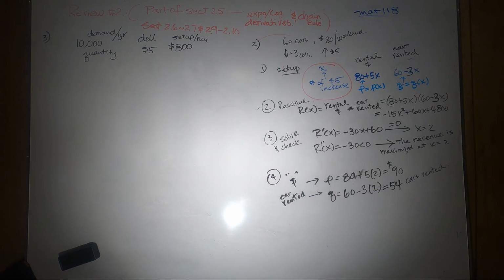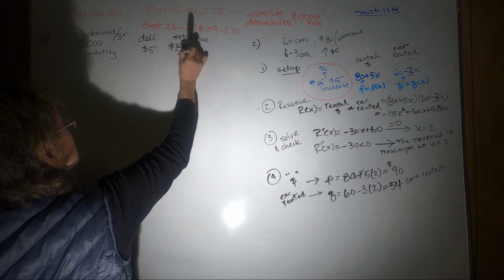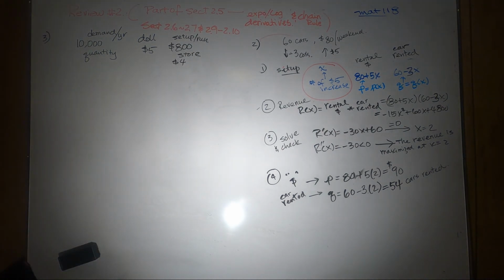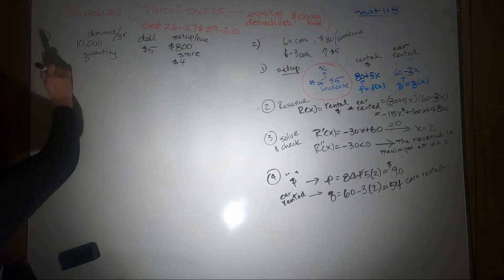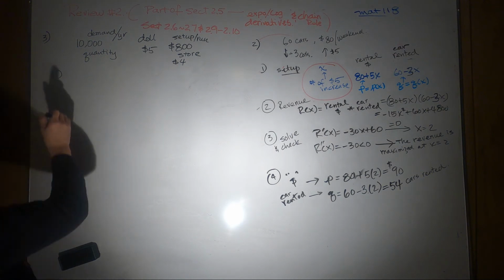And it costs $4 to store, $4 per doll, to keep it there for a year. So how many should be manufactured at a time, and how many production runs should there be to minimize costs? Right? So same thing. First, we want to identify things we need with one variable.